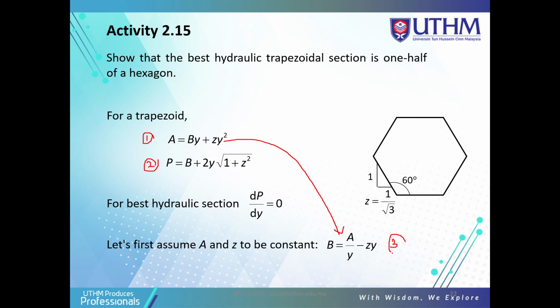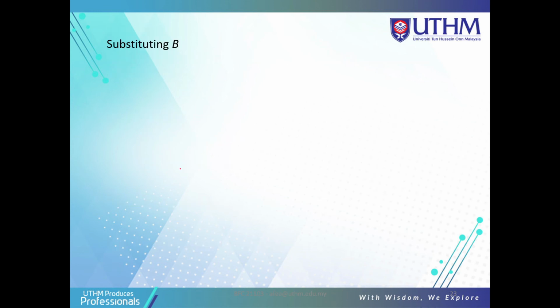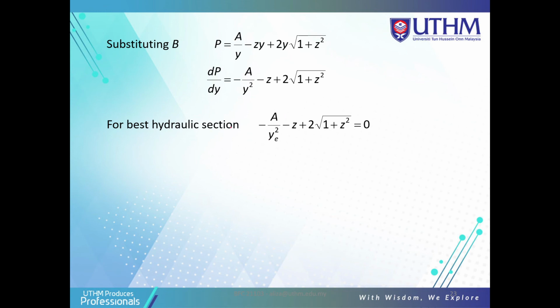After you get formula 3, you put formula 3 back into 2, so you are just substituting B. P is in terms of that, so you take dP over dy here, and you get the best hydraulic section in terms of Y E. Y E is for the effective section, the most effective section.